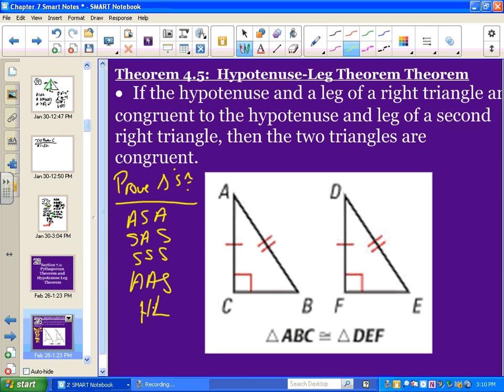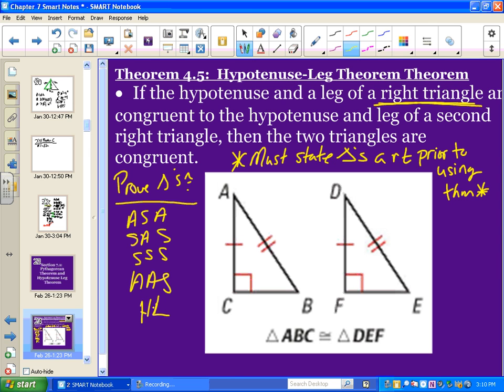Hypotenuse leg only works with right triangles. So this is a very key part: you have to state that the triangles are right triangles before you can use this theorem. Must state triangles are right prior to using theorem.